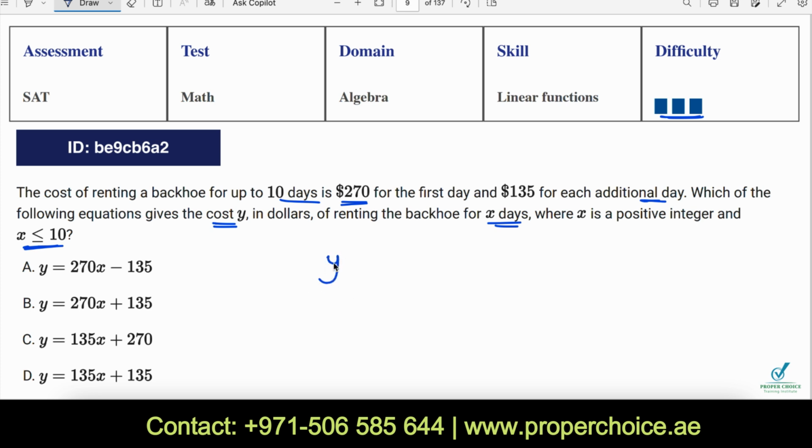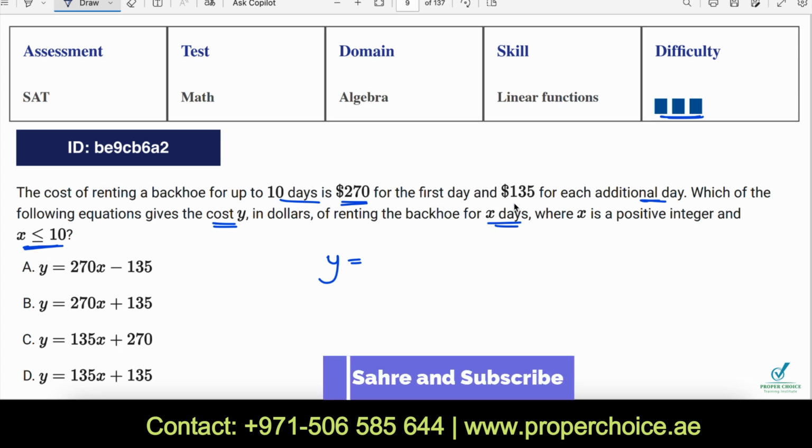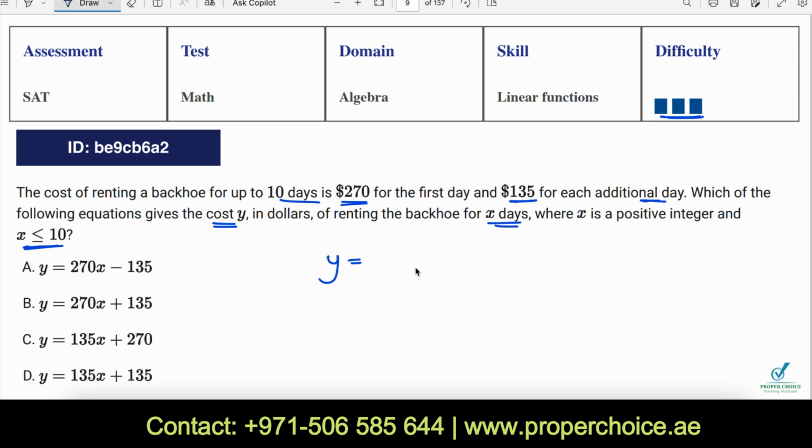See, the equation, that is the total cost, is equivalent to: if the backhoe is rented for 10 days, the first day has to be paid $270 and the remaining days have to be paid $135. If a person is renting a backhoe for x number of days, which equation is going to be used? That's what they are trying to say. So I'll be writing it as first 270 plus, let's take a person is renting a backhoe for 8 days.